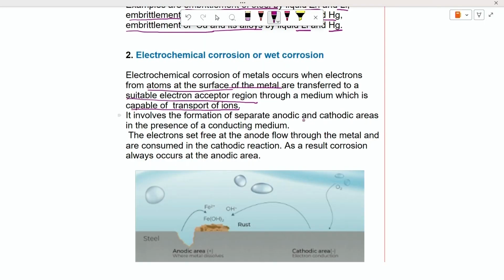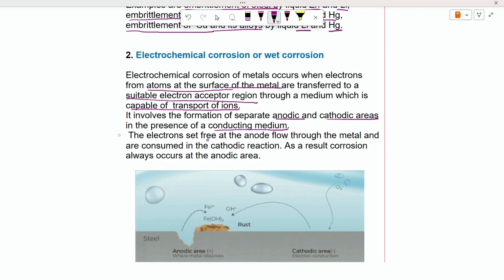And we know that metals are conducting and they can easily transport the electrons. So, there are anodic and cathodic areas present, and there will be a conducting medium. What is that for? For transport of ions.